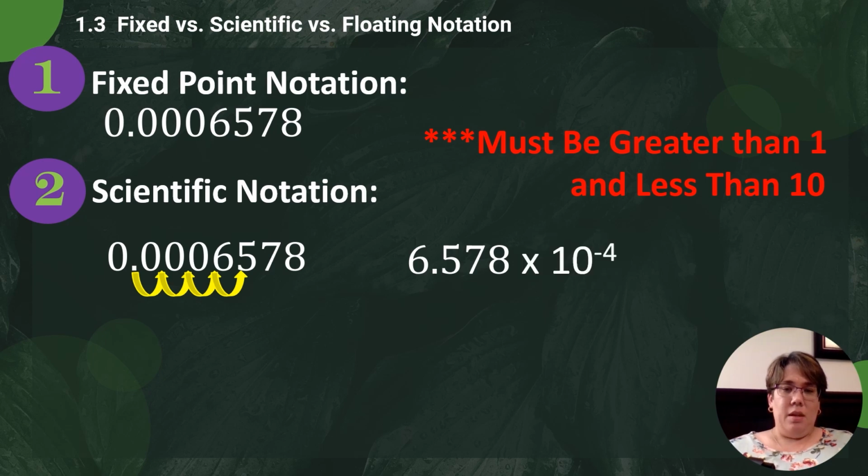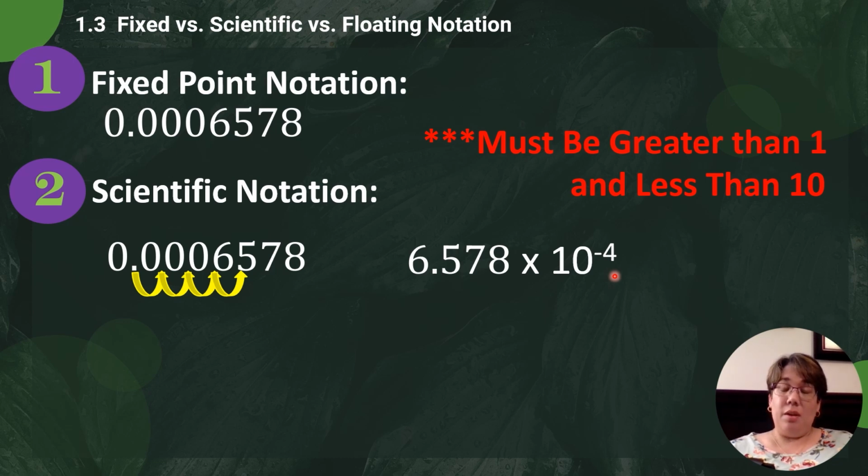When we move the decimal place 4 times, that's going to give us 6.578. And so because we moved it 4 times, now notice that when it started out, this was a very small number, okay? When you have a very small number, you're going to have a negative exponent. Or if you move your decimal place to the right, then you are going to have a negative exponent.